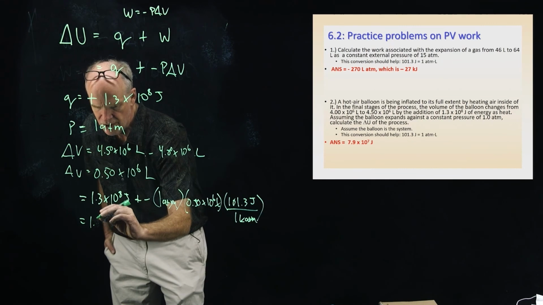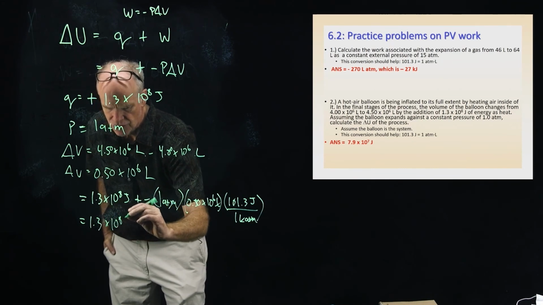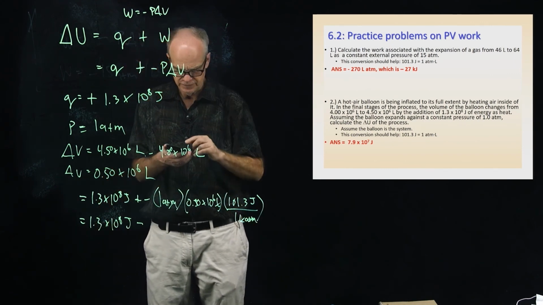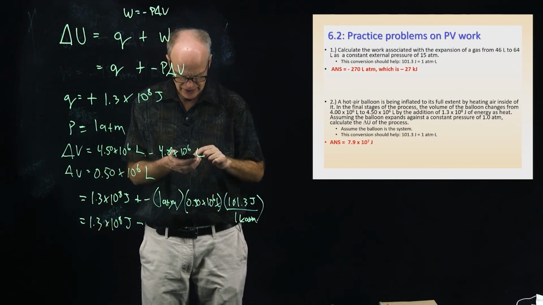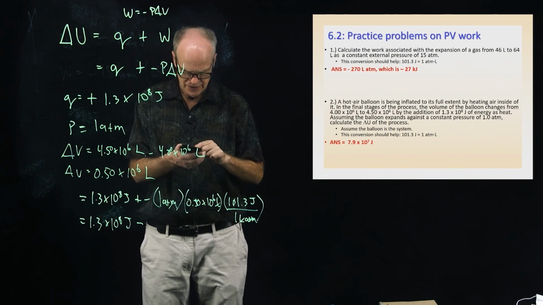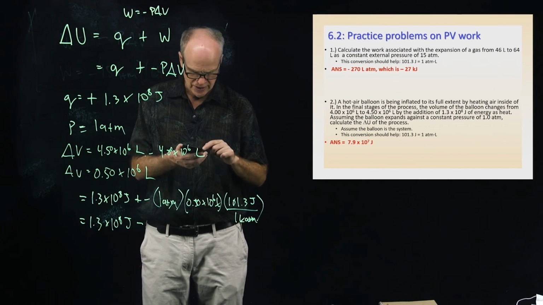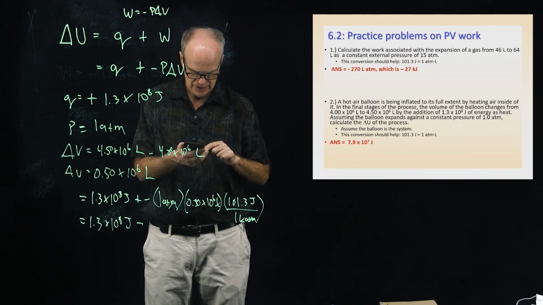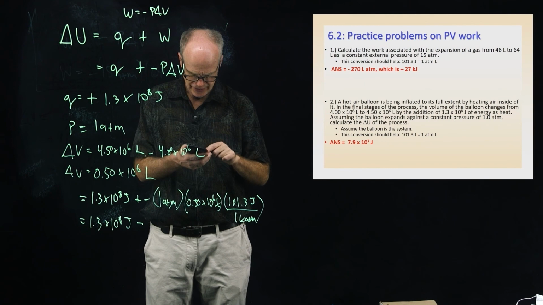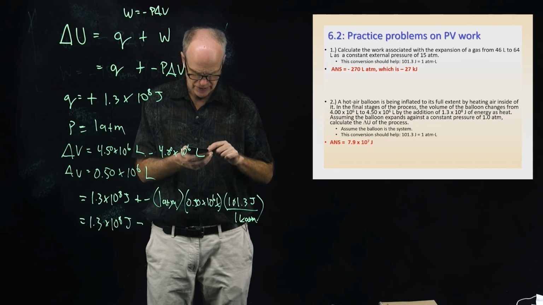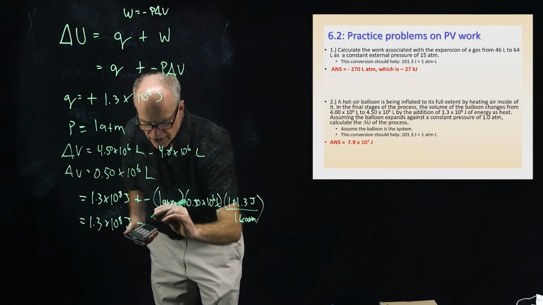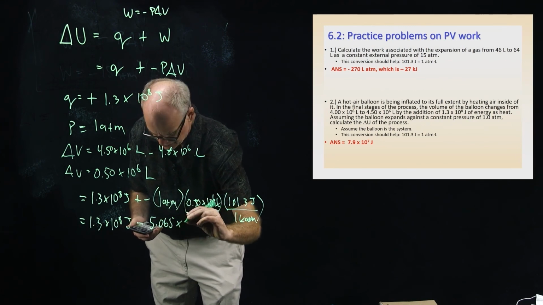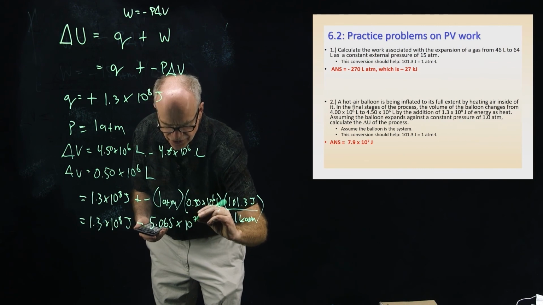So it's equal to 1.3 times 10 to the 8 joules minus 1 times 0.5 times 10 to the 6 times 101.3 divided by 1. And I get 5.065 times 10 to the 7.